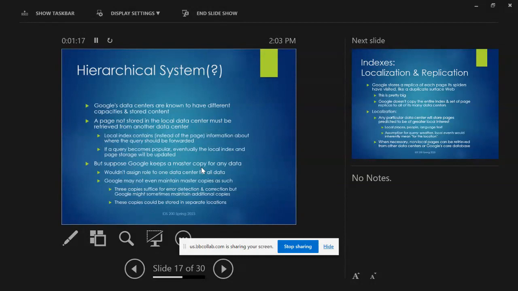For example, pages written in Japanese are likely to be not much interest to anyone outside of Japan, right? There are some pockets of Japanese in South America and on the West Coast, but you get what I'm saying. So it wouldn't make sense to store the entire index completely at every data center and go through all the work of keeping it up to date. It's better to just keep the information you need where you need it. You can save a lot of money that way.